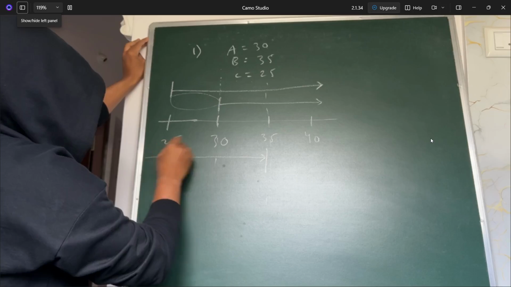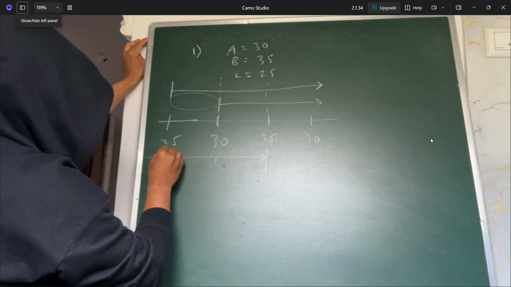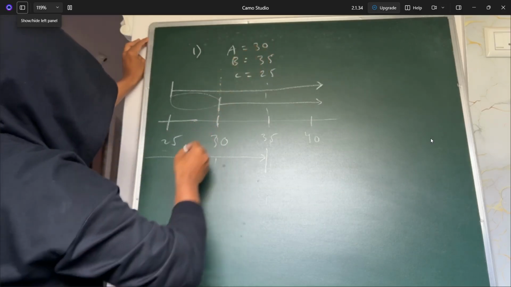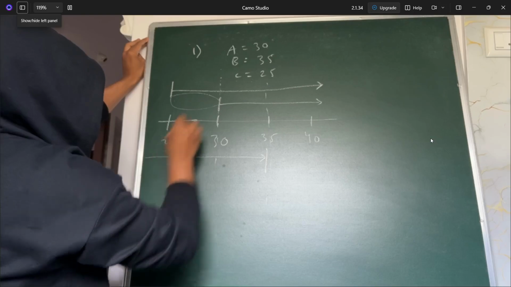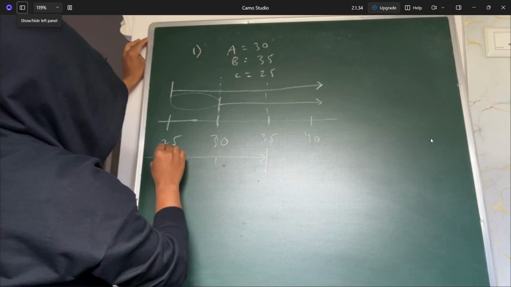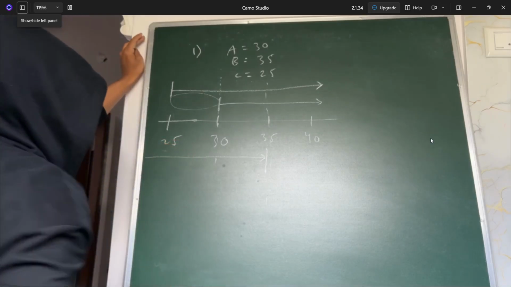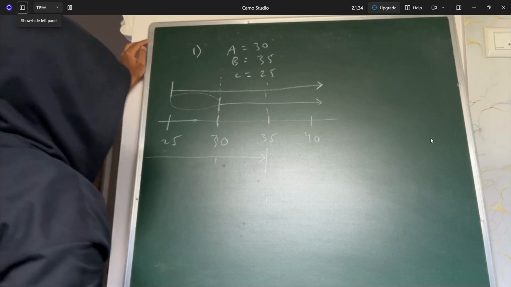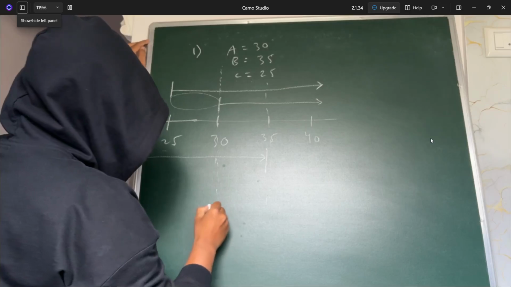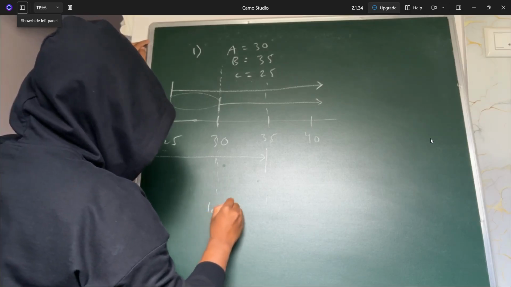Alice is not okay with 25, the reason being she is saying at least 30, but Charlie is okay with 30 because he is saying at least 25. Okay, so we got one thing, one boundary, the left boundary basically.